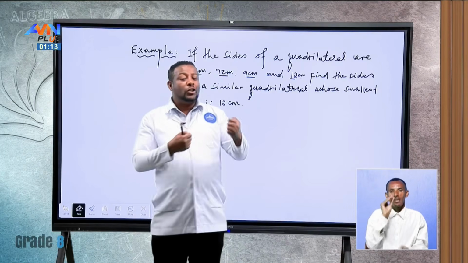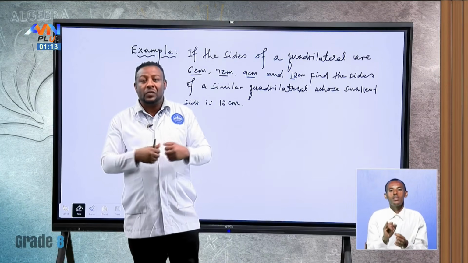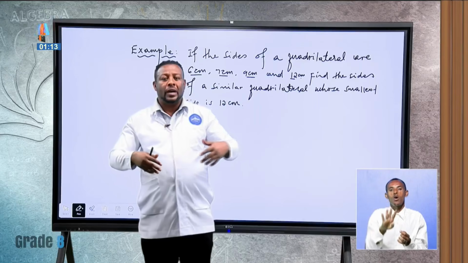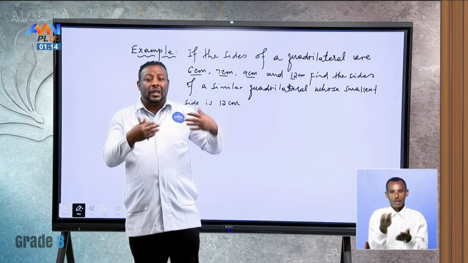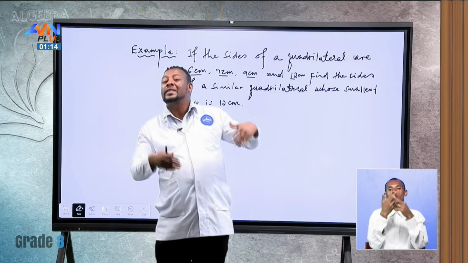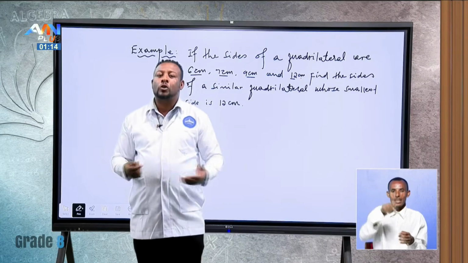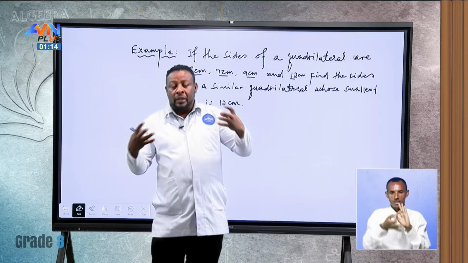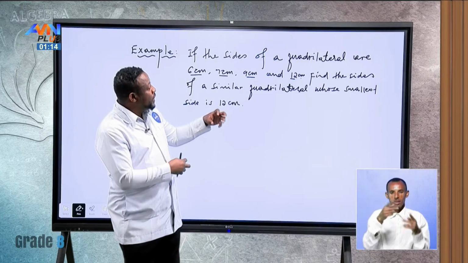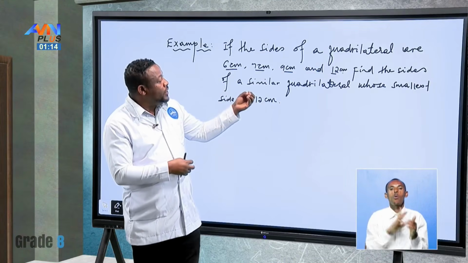And the second condition of similarity of a polygon is that the ratio of all pairs of corresponding sides must be proportional. Okay, so having this definition in our mind, we will see how we can find the sides of the unknown quadrilateral.